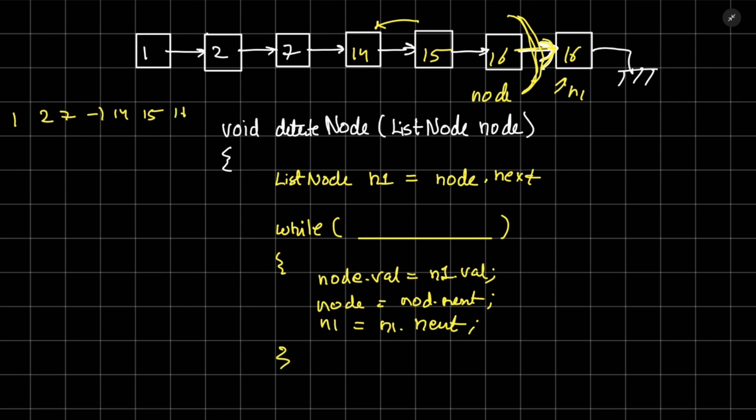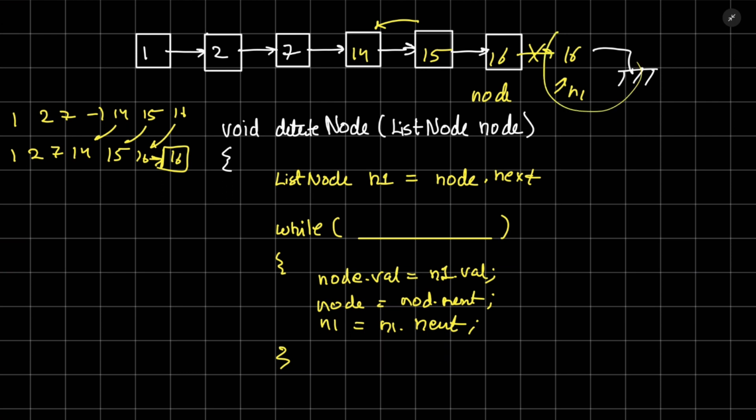What we have done is that we have copied this 14 here, then 15, and then 16, and now in the last cell we are left with the repeated last value. So you have to set this pointer to null. You have to cut off this pointer to null, and automatically this node will be lost, and our linked list would be just up to this node, and this won't be accessed.